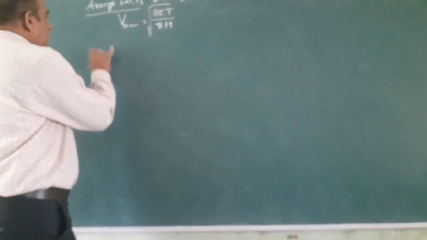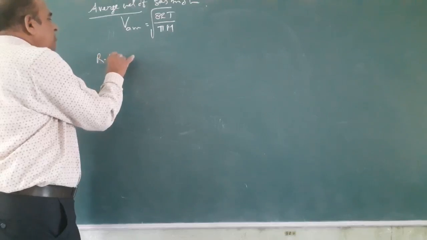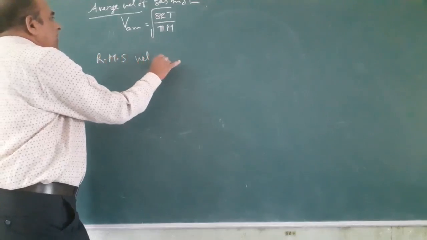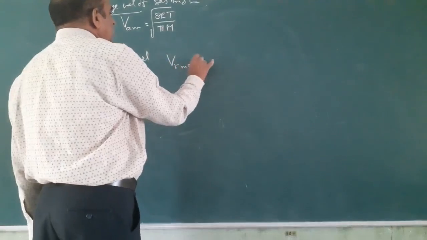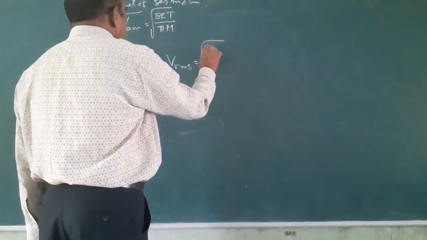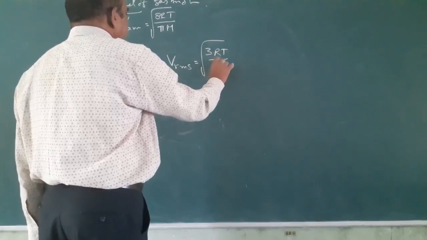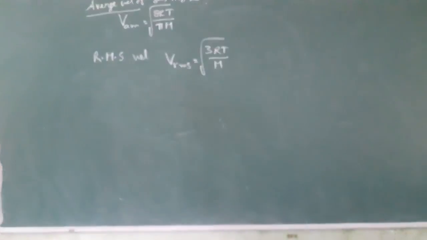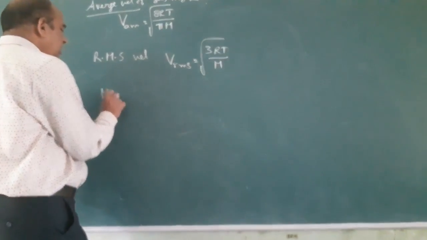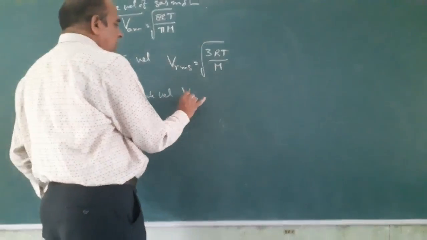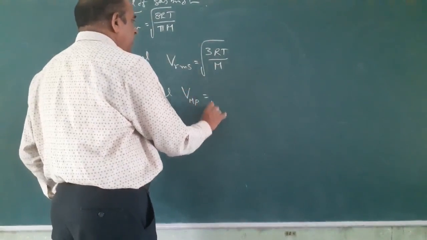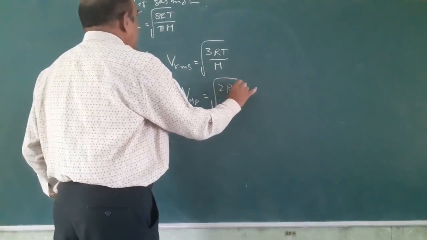And the RMS velocity, root mean square velocity, V RMS is equal to root of 3RT by m. And the most probable velocity, V mp, is root of 2RT by m.